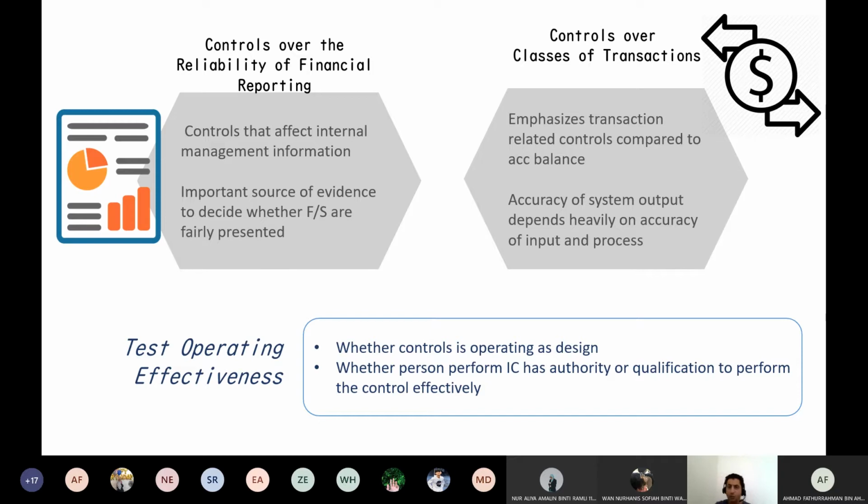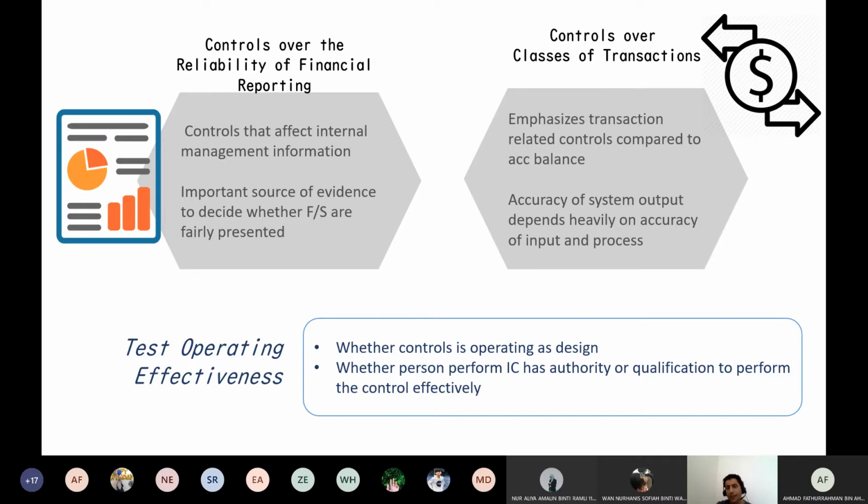So the controls over class of transaction will focus on the accuracy of the input and the process, whereby the control over the reliability of financial statement or financial reporting is about controls that affect the internal management information, the important source of evidence to decide whether the financial statements are fairly presented.